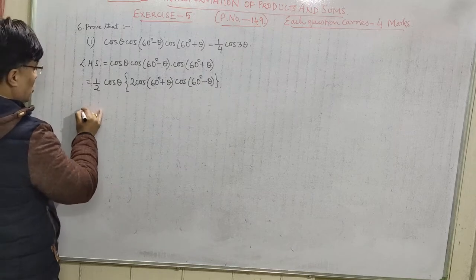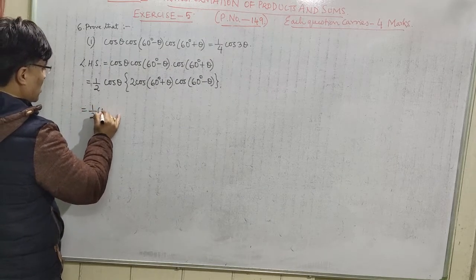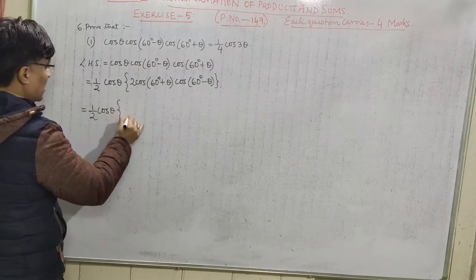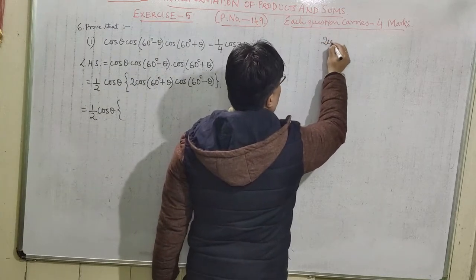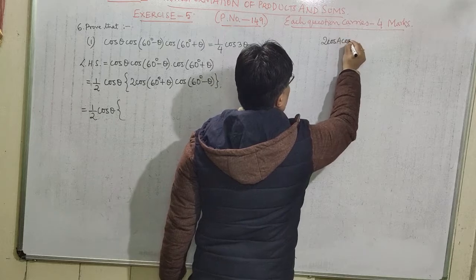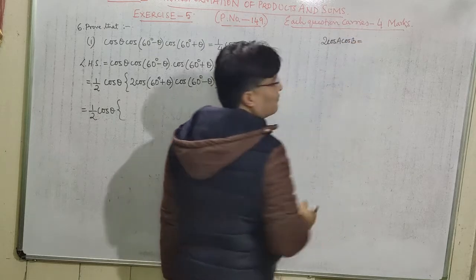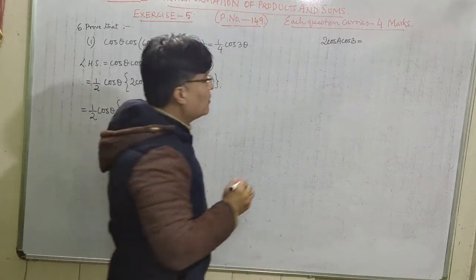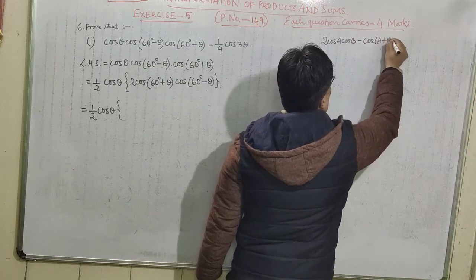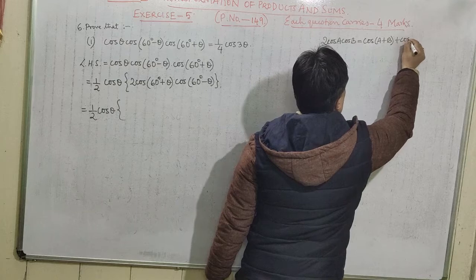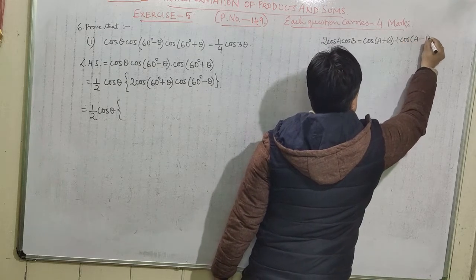So which is equal to half cos theta within second bracket. Now you know the formula of 2 cos A cos B. Now what is the formula for 2 cos A cos B? The formula for 2 cos A cos B is cos of A plus B plus cos of A minus B.